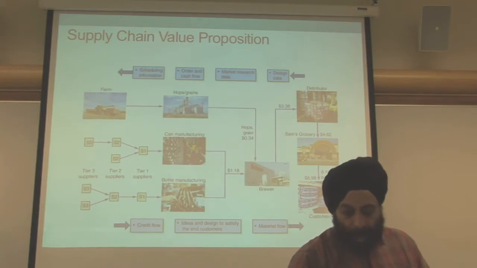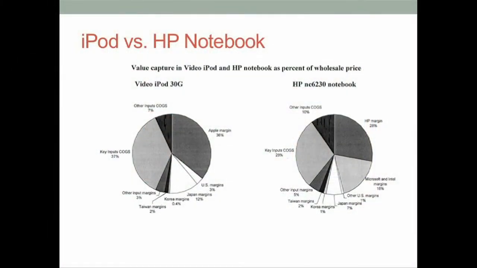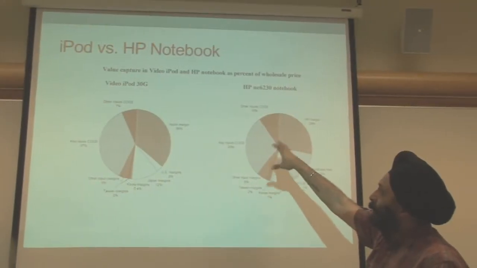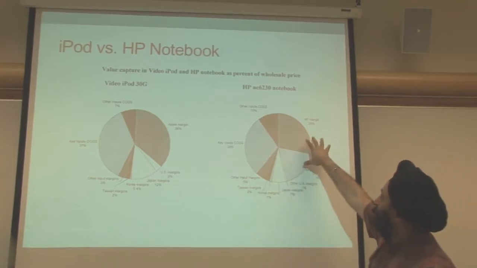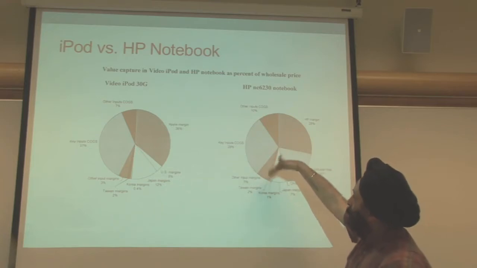To see the value proposition in the context of companies that exist today, if you think of the iPod versus HP notebook computers, in an HP environment, HP's margin is about 28% compared to other cost of goods sold.